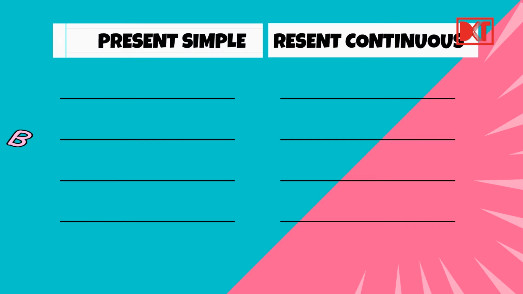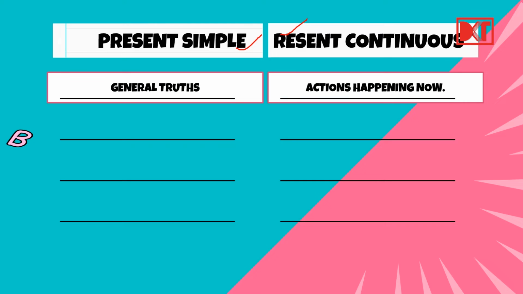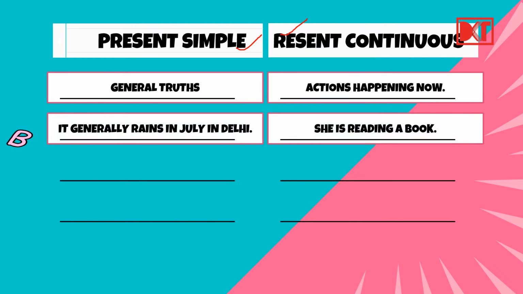Alright, so now we start off with what is present simple and what is present continuous. So what are their usages? Now present simple is used when we are talking about some general truths, some obvious facts.